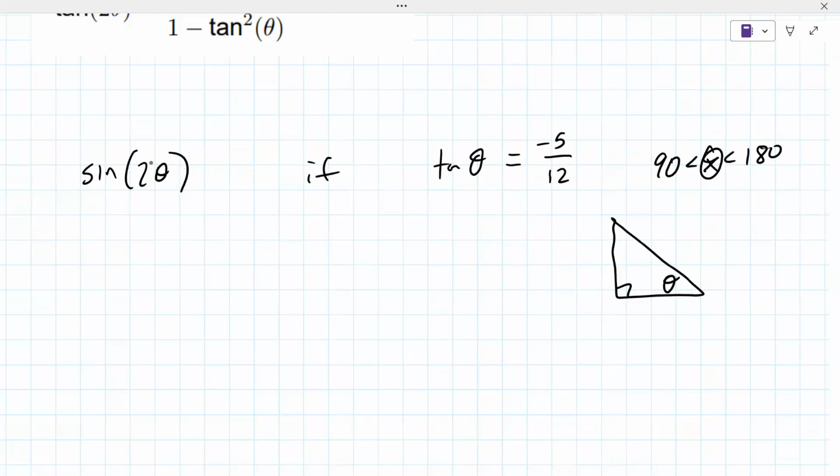Sorry, this is theta, not x. And then could you tell me what A, B, and C are in this situation?